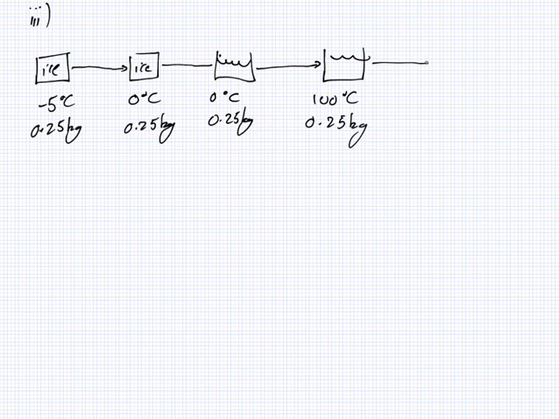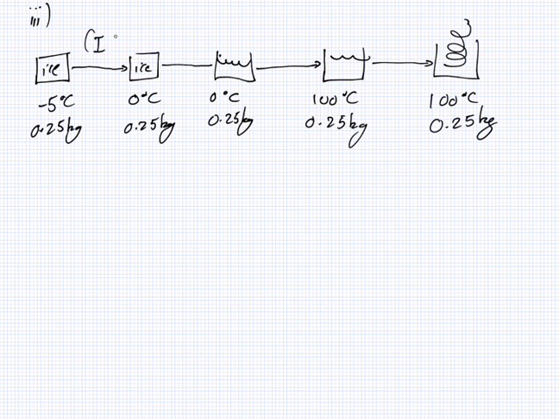And then finally, you have to change this water into steam of 100 Celsius and 0.25 kilograms. So in fact, this problem can be broken up into 1, 2, 3, 4 calculations.